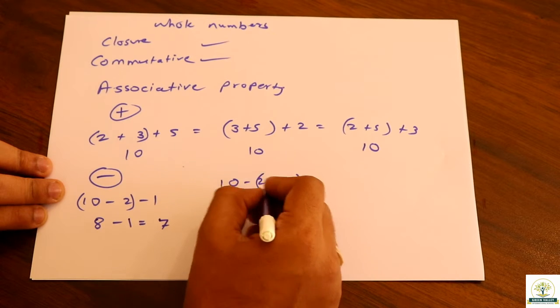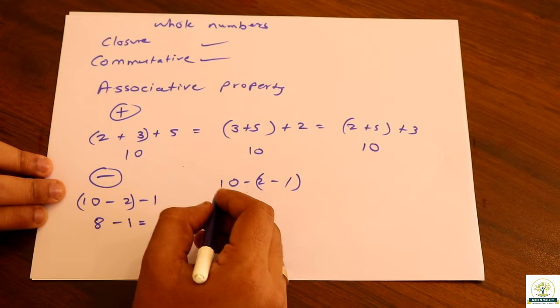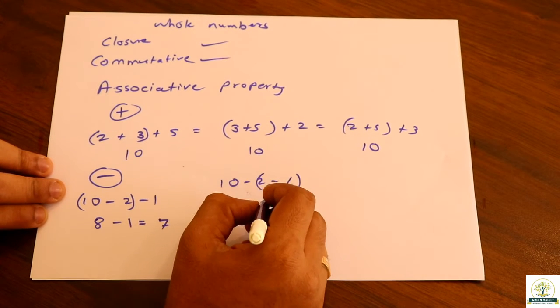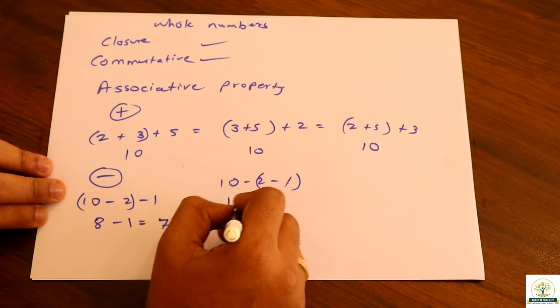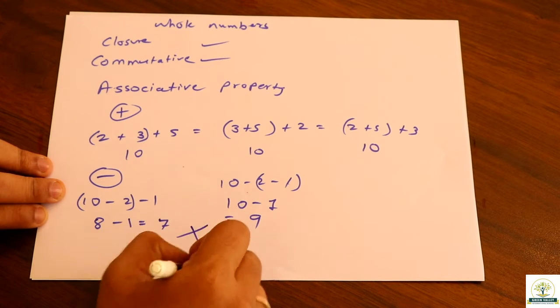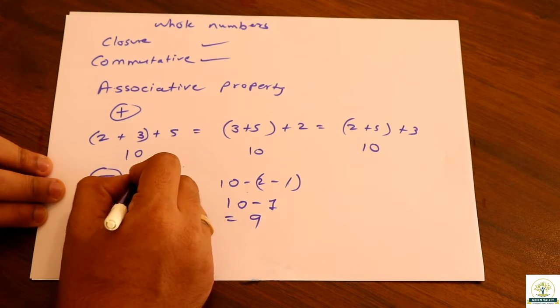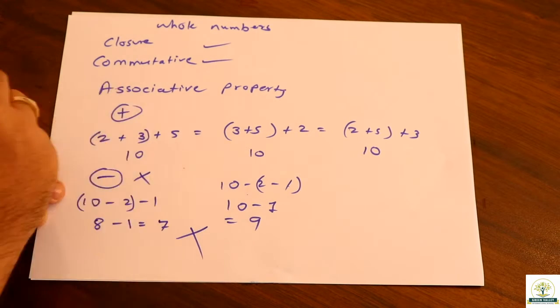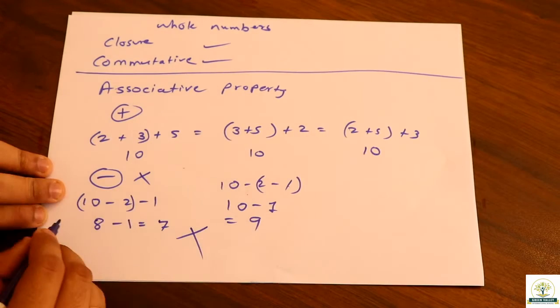What if I subtract the last two first and then do the remaining operation? 2 minus 1 is 1, 10 minus 1 is 9. Are these two answers the same? No. So subtraction does not follow associative property for whole numbers.